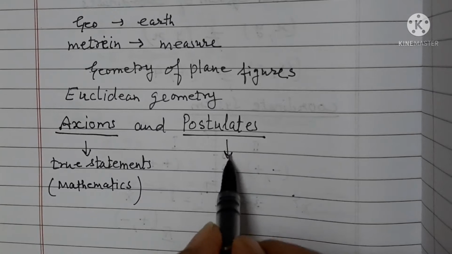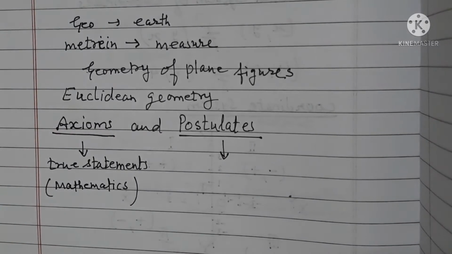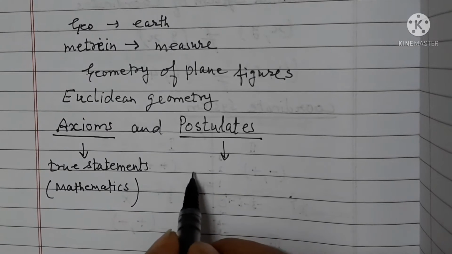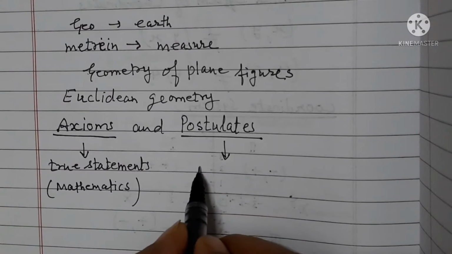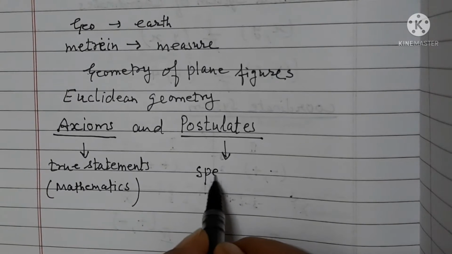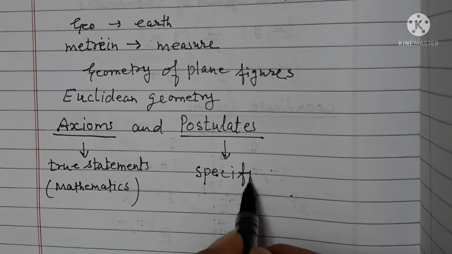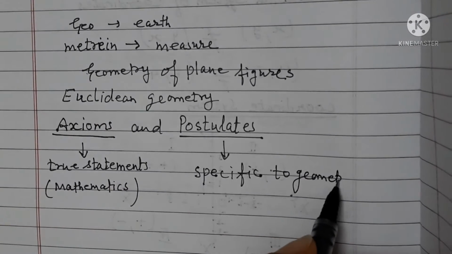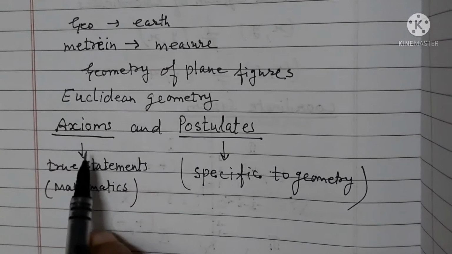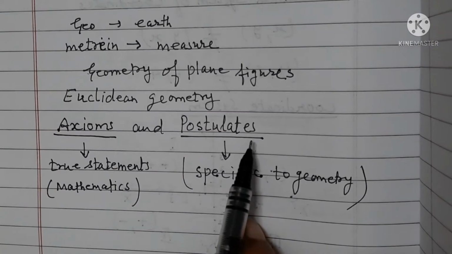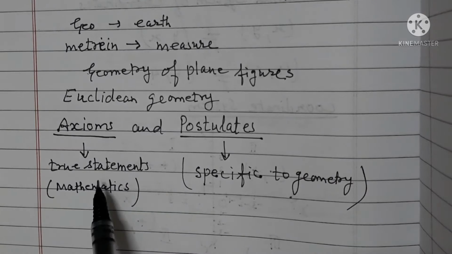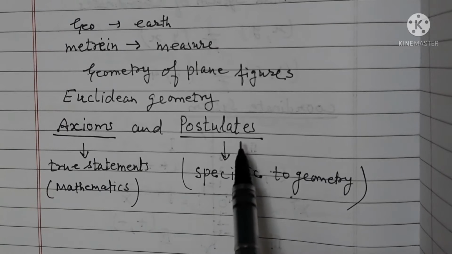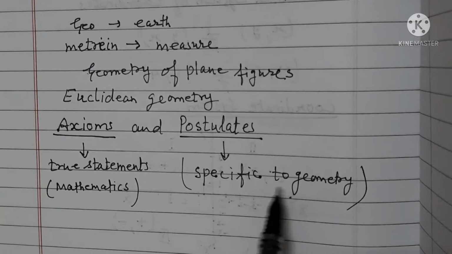And postulates are used specific to geometry. This is the difference between axioms and postulates. Axioms can be used in other branches of mathematics also, but postulates we will use in geometry.